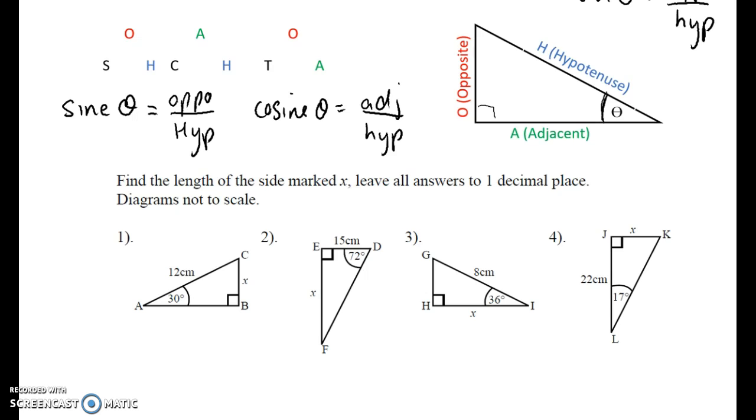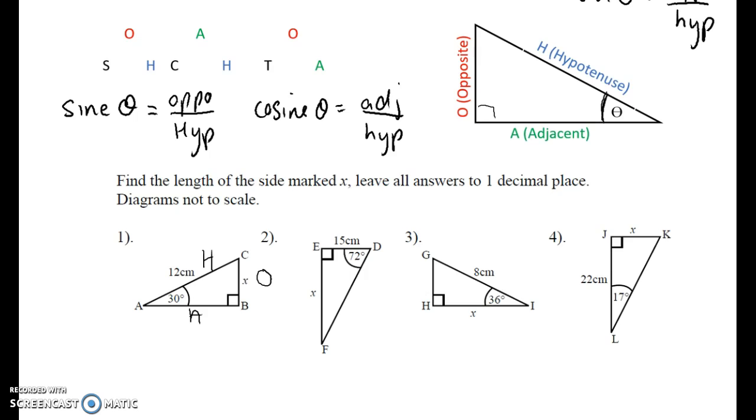Now, when I have my triangles, what I first of all need to do is label all my sides given my angles over there. So this is the angle I was given, so the opposite side is exactly opposite. So I'm going to put an O there. This side is my adjacent because it's right next to it, and this long one, AC, is my hypotenuse.